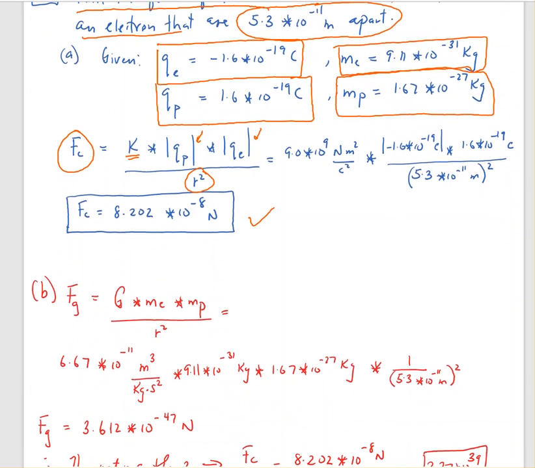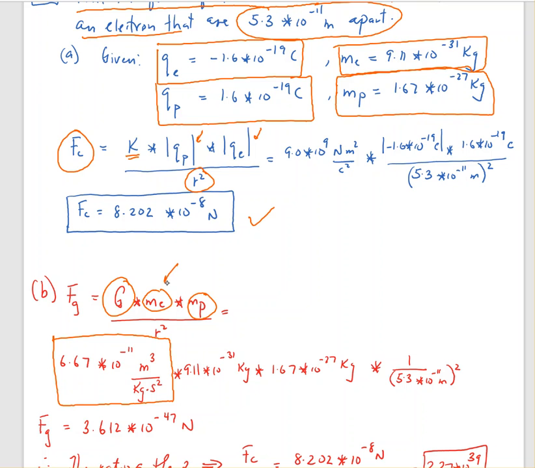Now, if you want to look at the gravitational force between these two entities, you have the mass of the electron and the mass of the proton, right? And G is a gravitational constant, which is denoted here.